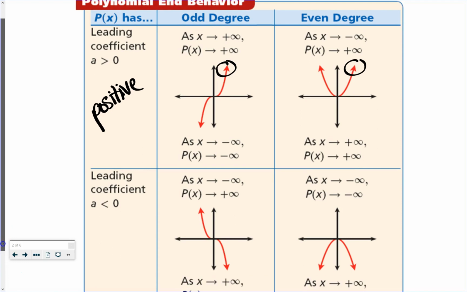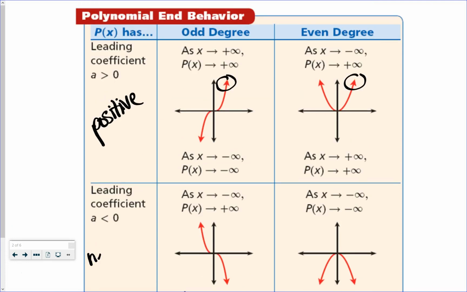If our leading coefficient is negative, down here, notice these always end up in the negative direction. Okay. So we're looking at leading coefficient. Is it positive? Is it negative? And then we're also looking at our degree. Is it odd or is it even?